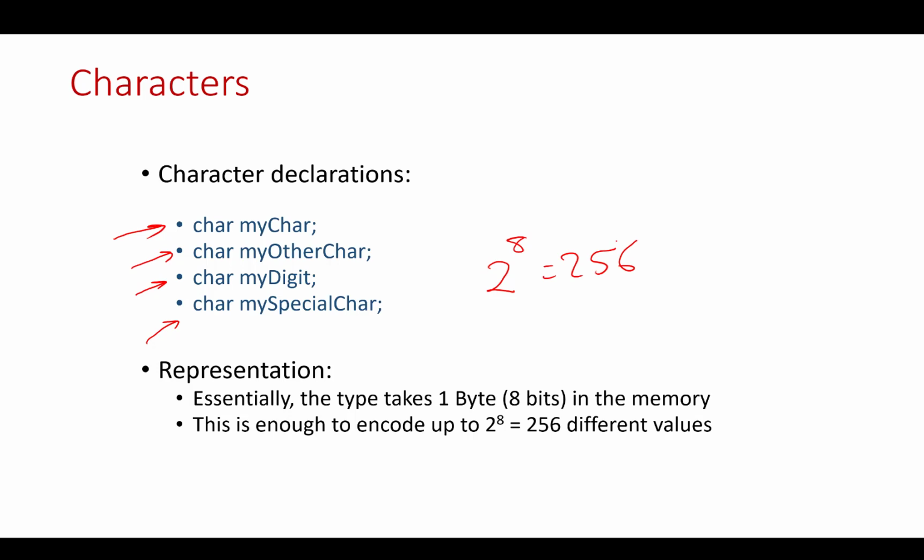The 256 is very sufficient to represent the 26 lowercase letters and 26 uppercase letters, and the digits from 1 to 9. Sometimes you are dealing with them as characters, not numbers. And special characters.